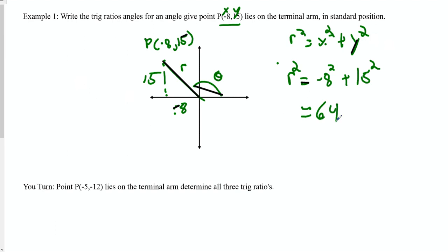Remember, when you square a negative number on your calculator, unless you're using the proper brackets, it's going to make it negative. You just automatically make it positive. 15 squared is 225, right? Add these together. So that's going to be 289, and that's for r squared. So then you take the square root of everything, and that would make r 17.